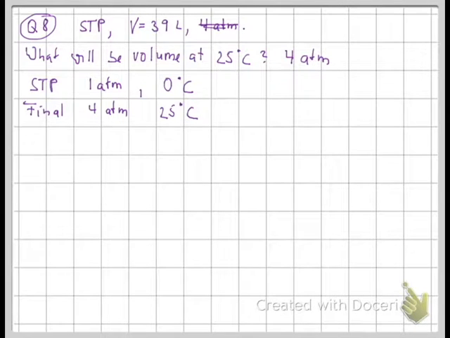So the law we need here is the combined gas law, which combines all these laws into one, which is P1, initial pressure, times V1, initial volume, divided by T1, initial temperature, is related to final pressure times final volume divided by final temperature.